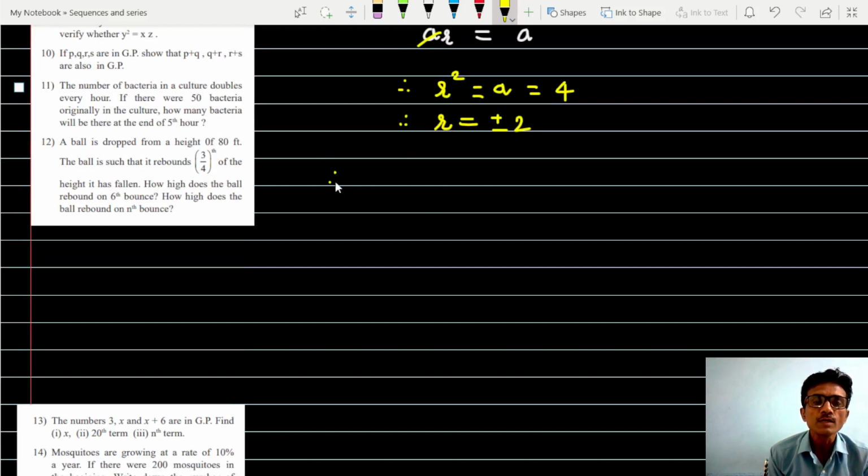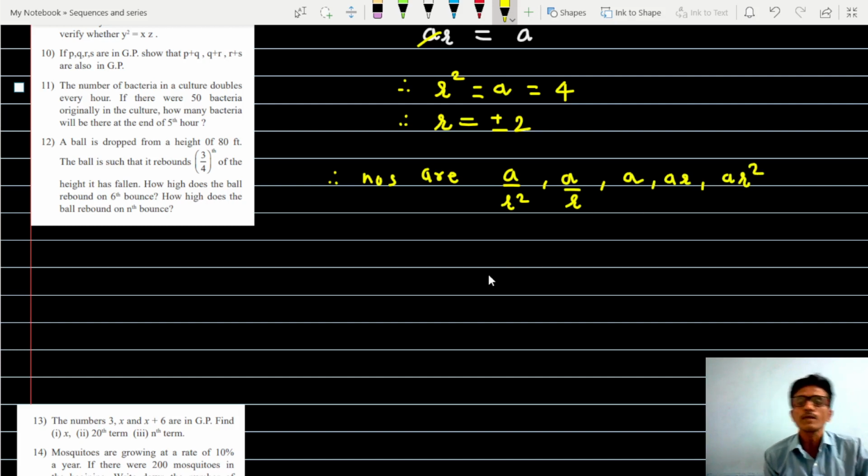See your numbers, therefore the numbers are a upon r square, a upon r, a, ar or ar square. These are the numbers. A is equal to 4, and r is either plus 2 or minus 2.